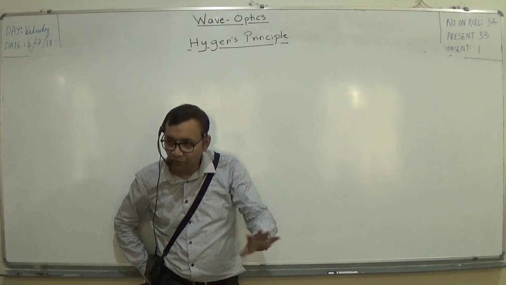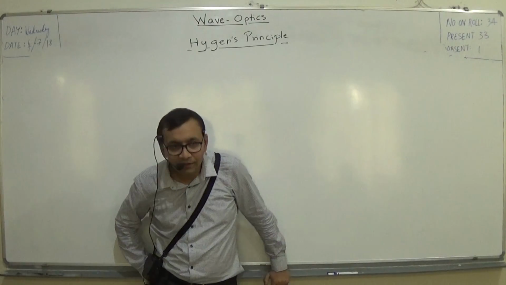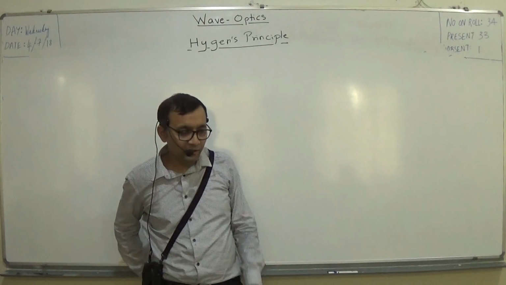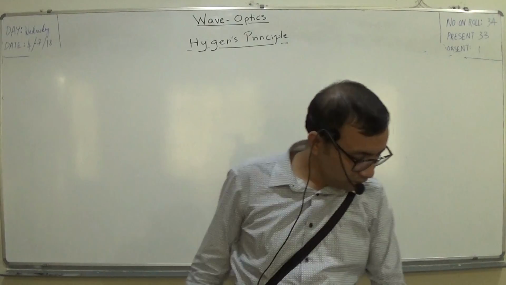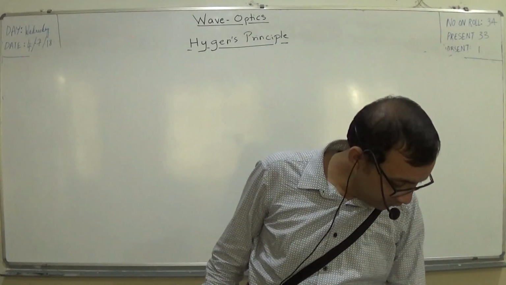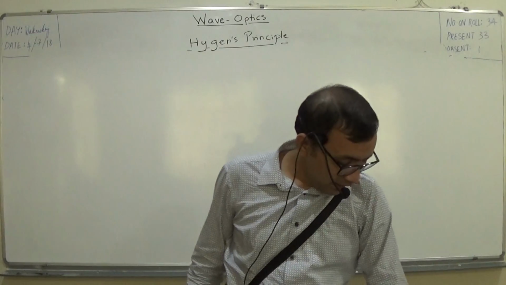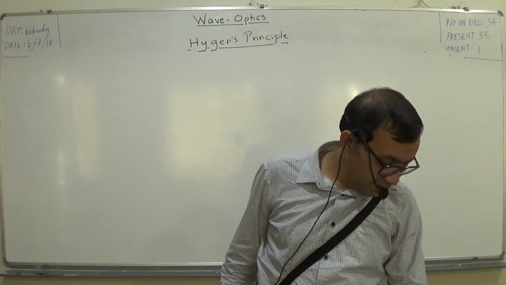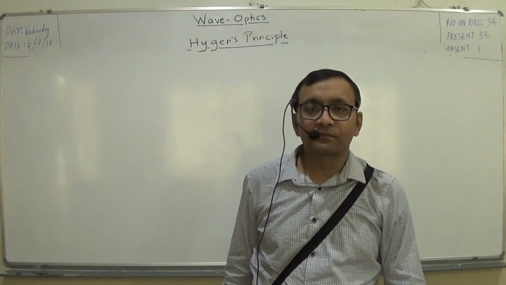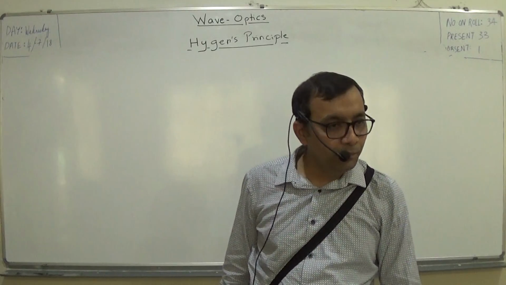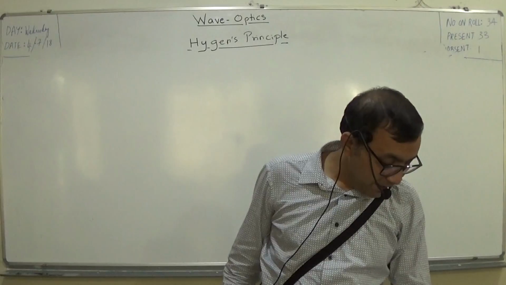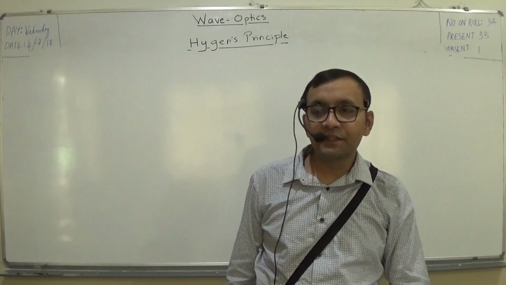I'll just dictate word for word as it is written in the book, and then we'll understand what is written. It's actually 3 or 4 sentences long, so bear with me. According to Huygens' principle, each point of the wavefront is a source of secondary disturbance.